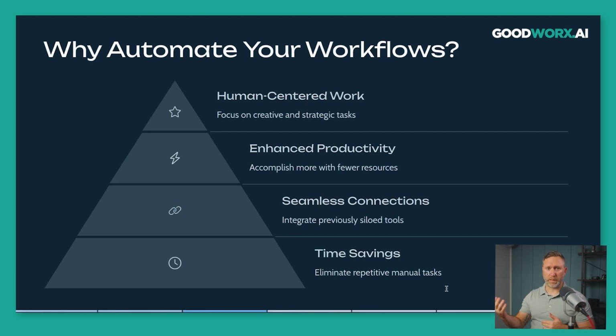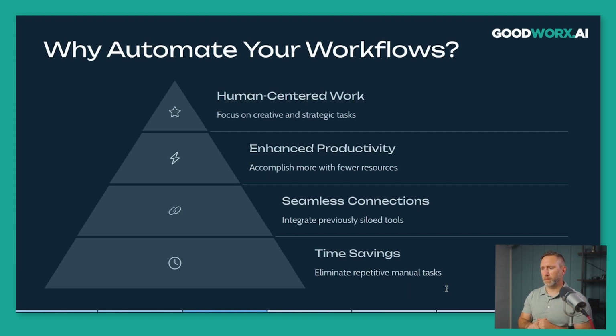And that may also be a good candidate for automation. So if you can pass off those tasks that you hate doing, that are boring, monotonous, repetitive, to an automation workflow, it will give you more time to do the things that you love doing.